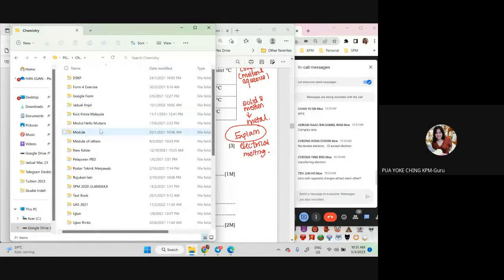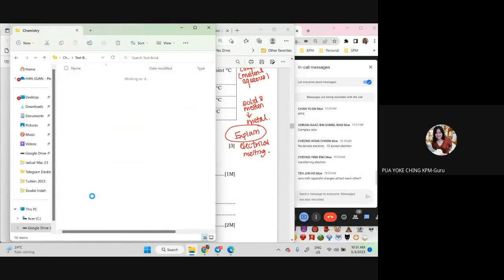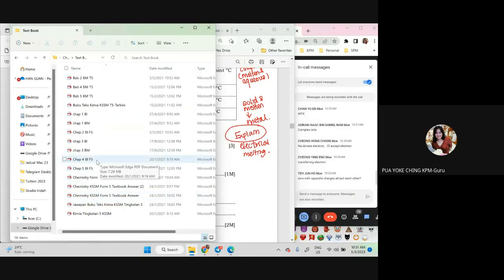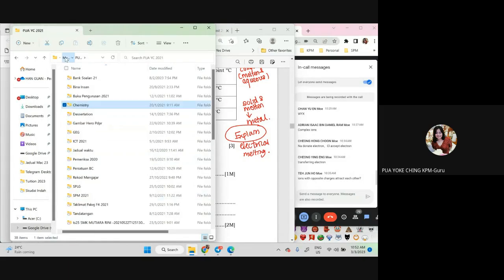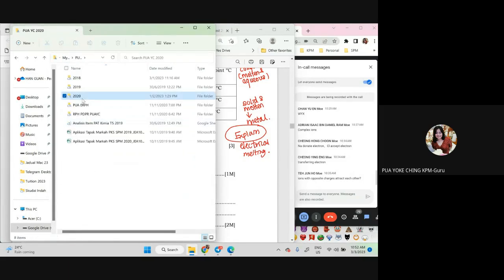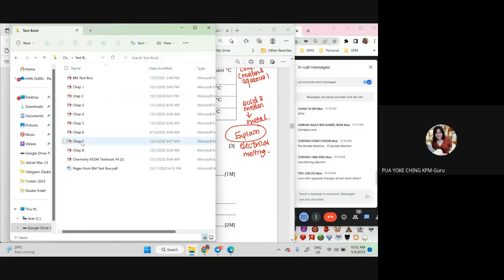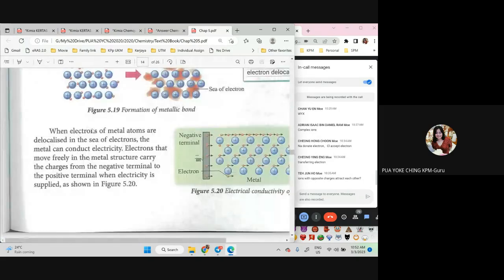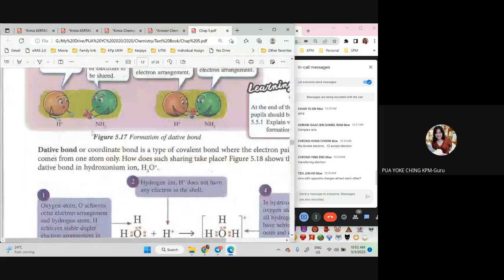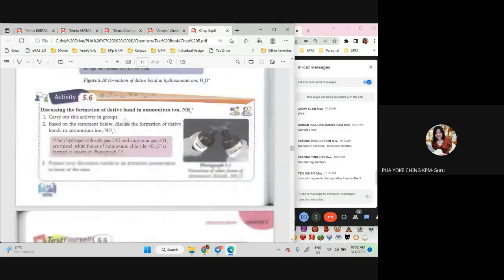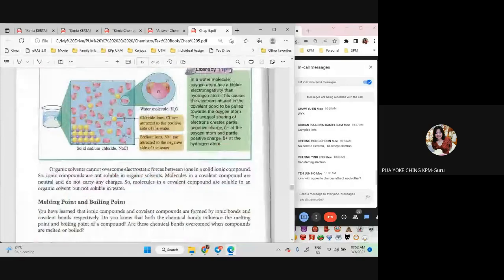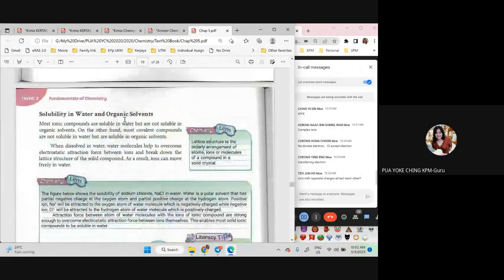Chapter 5. On 4, sorry. Okay, solubility of ionic compound and covalent compound. Most ionic compounds are soluble in water but most covalent compounds are not soluble.